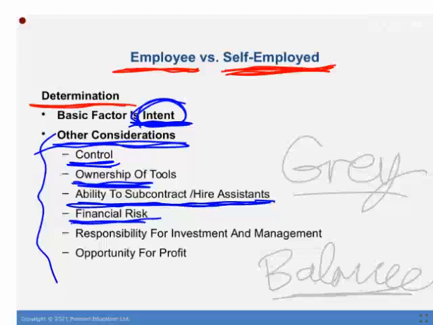A self-employed person can incur a loss if their fixed costs, if their expenses are more than their revenue, they can lose money. Whereas an employee, generally speaking, isn't going to lose money. You may have a few employment expenses that you claim or whatever, but you're making money. You don't have that financial risk involved.